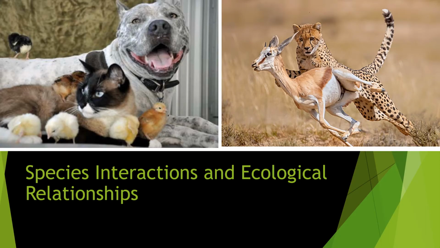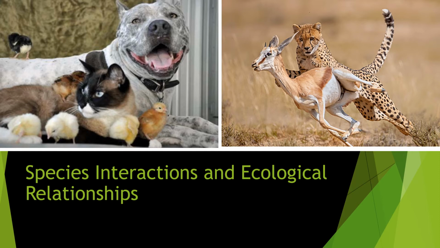So the last few slides we've gone over the intro to ecology stuff, frequent terms that are used in ecology, and terms that you'll be seeing throughout the rest of this unit. But now we're going to get started on our next topic within ecology, and that is species interactions and ecological relationships. Okay, so in the top left image, we're seeing several species interacting with each other.